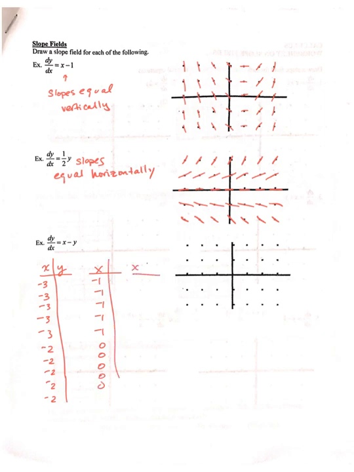Then I'm going to have x equaling 1, 2, and 3. Okay, so then we get y. All right, so we're just going to substitute in y. We'll start with +2. And we'll go down to -2.